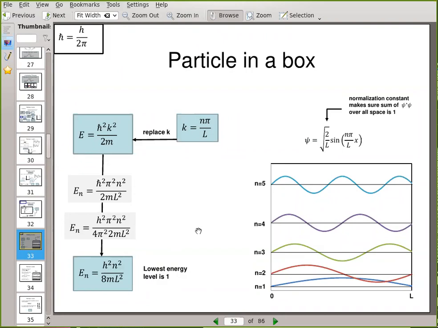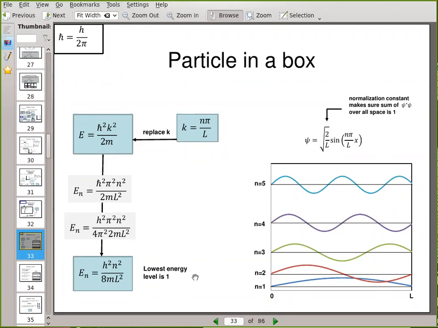Any other energy levels would not drop to 0 at the edge. You can see n is 5, it's 0 at the edge and 0 at the other side. N is 4, it drops to 0 at that side and so on. Any other energy values are not allowed because your wave function is not going to fit. And so you've now got quantization in that box.